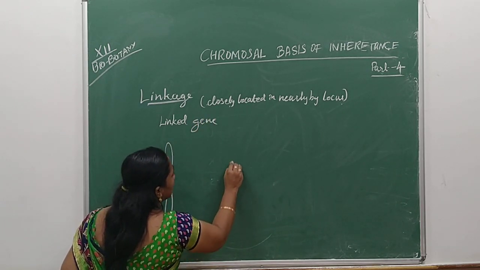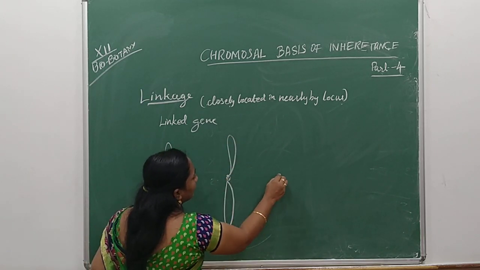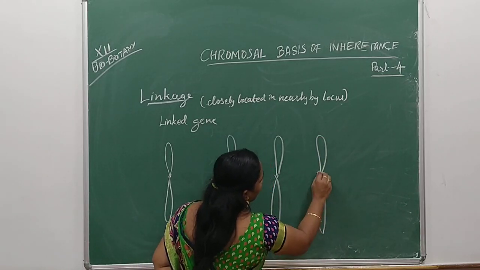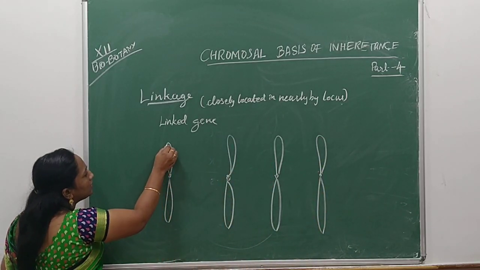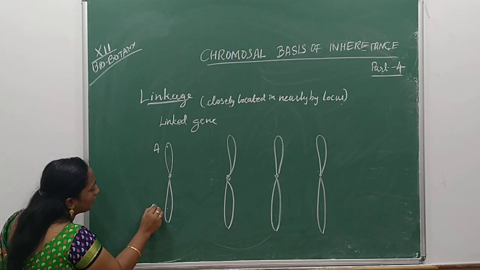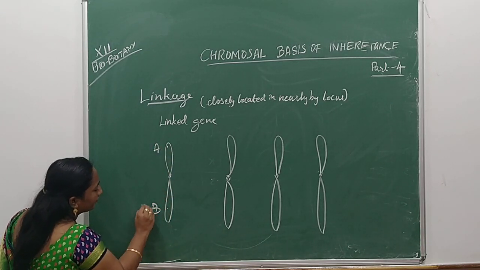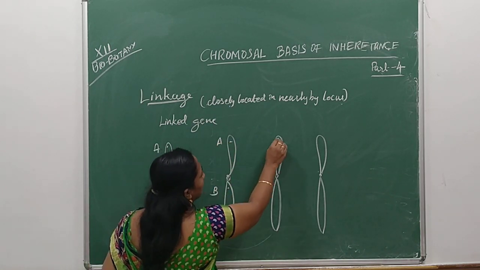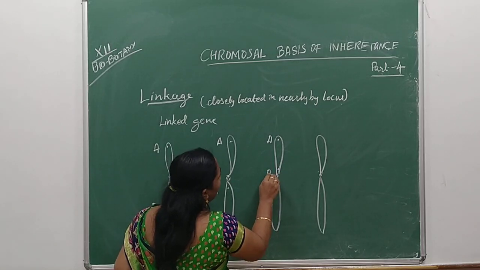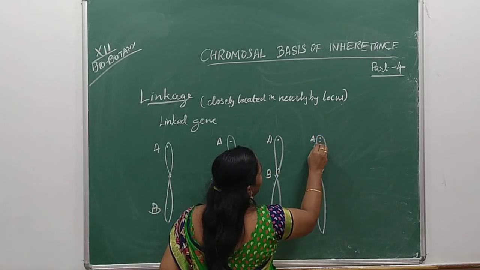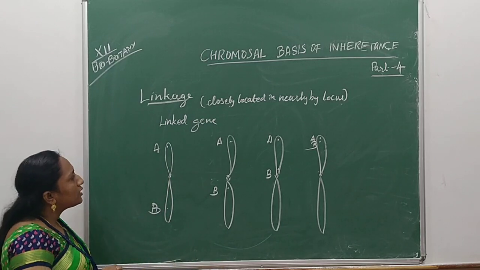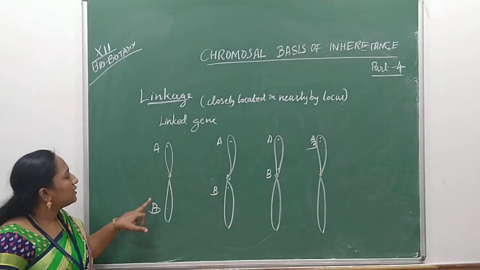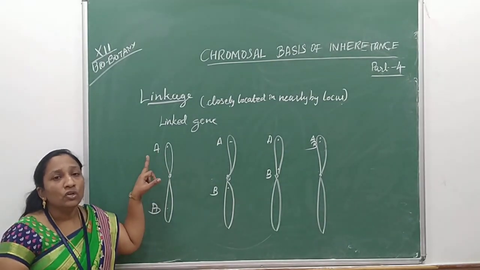If the chromosome is like this, and gene A and gene B are located like this, in the first chromosome the distance is very far.